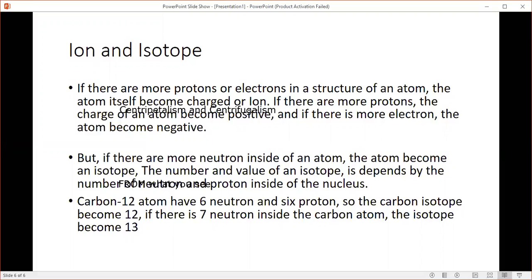So the conclusion is, isotope is a value that values the neutrons inside of an atom. So neutron itself has a value, and this will make another type of the element. So carbon 12 is one of the elements that has its own structure.